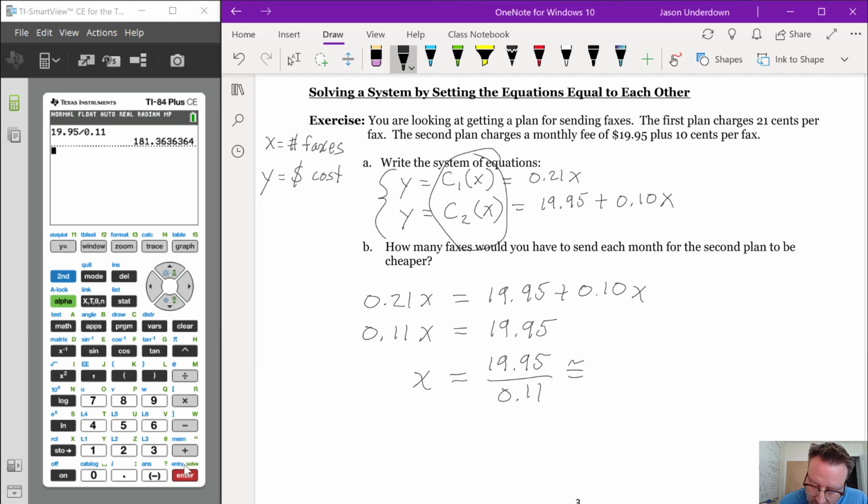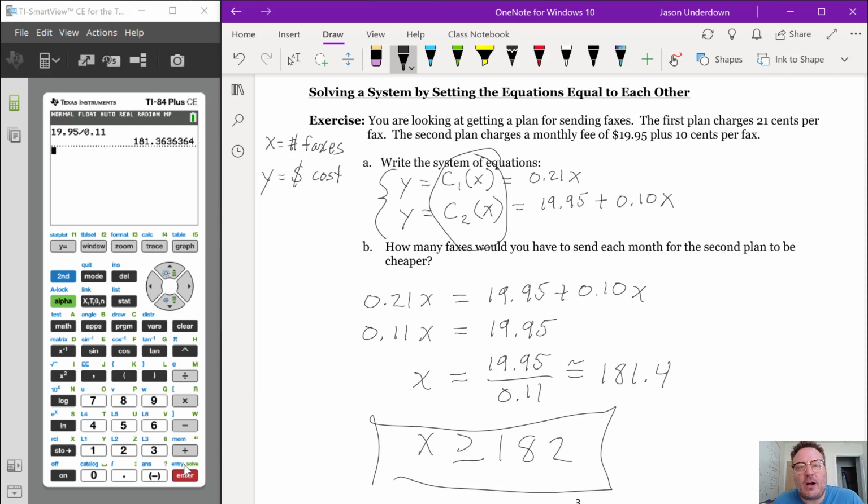I'll put a little squiggle to indicate about equal to 181.4. So in other words, how many faxes would you have to send each month for the second plan to be cheaper? x has to be greater than or equal to 182. As long as we're sending more than 182 faxes each month, the second plan will be cheaper.